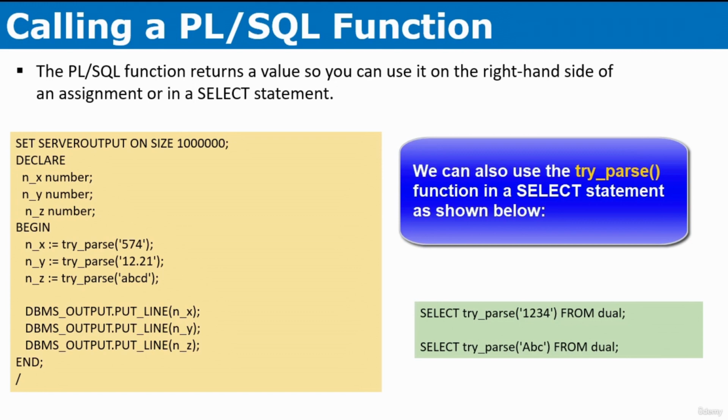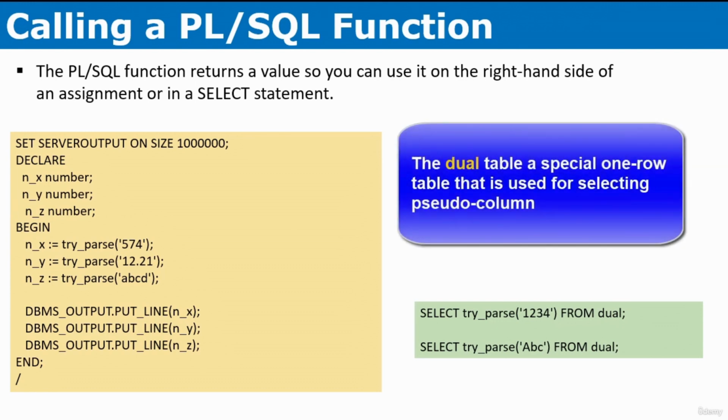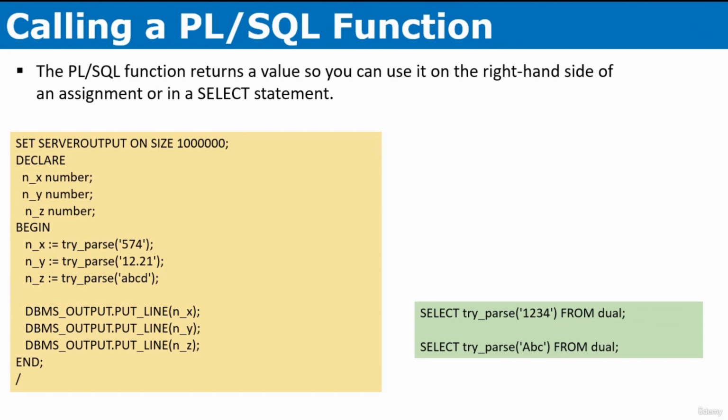So we can select the try_parse function and pass some values from dual. The dual table is a special table that only has one row. It is basically used for selecting pseudo columns like the ones we have in the example.